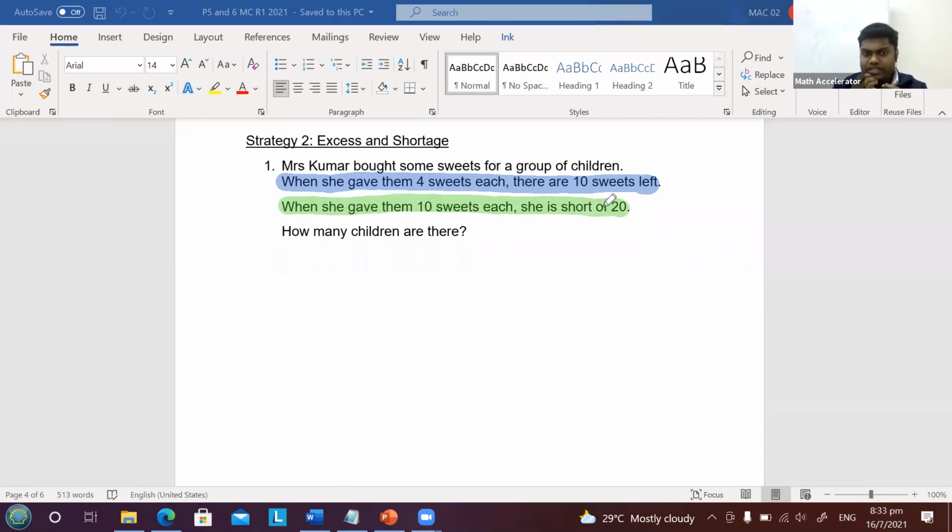Now, can you all tell me in the chat? There are 2 sentences highlighted blue and green, right? Which colored sentence tells you about excess? Is it the sentence in blue or the sentence in green?